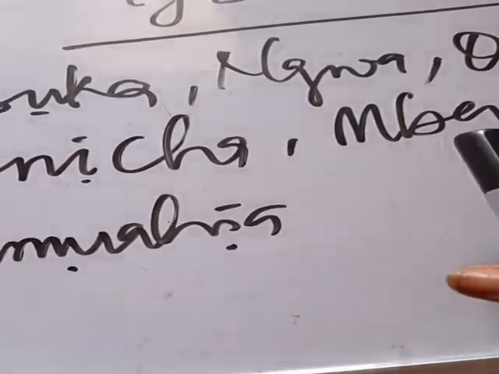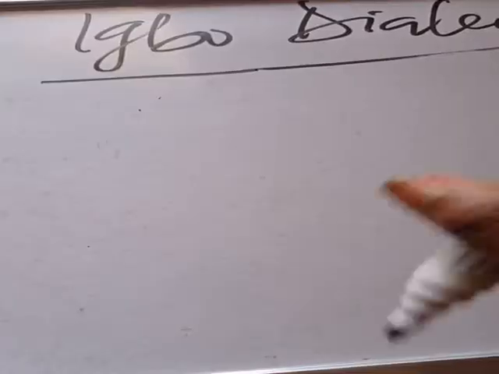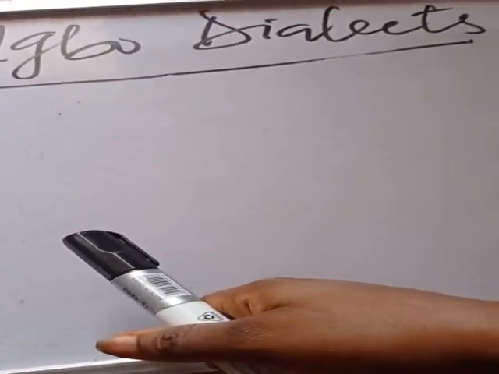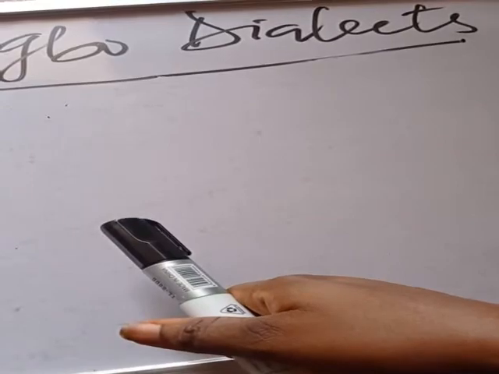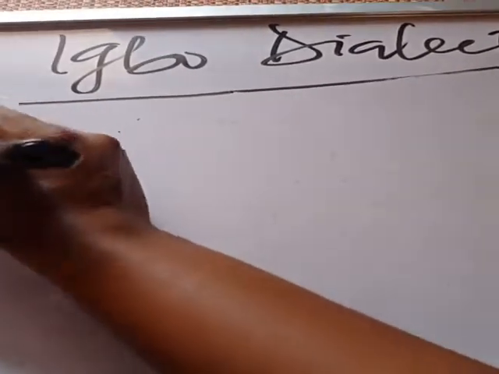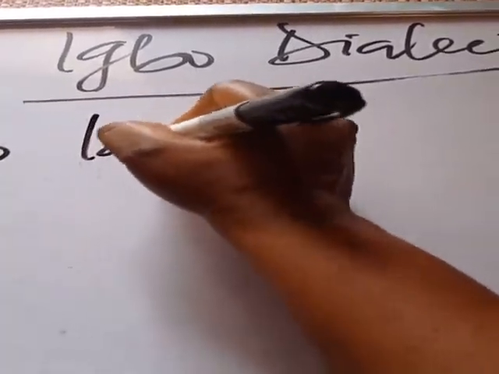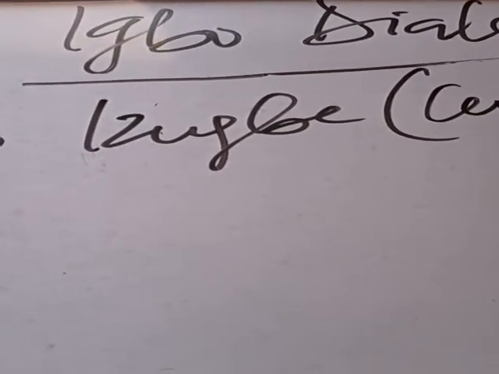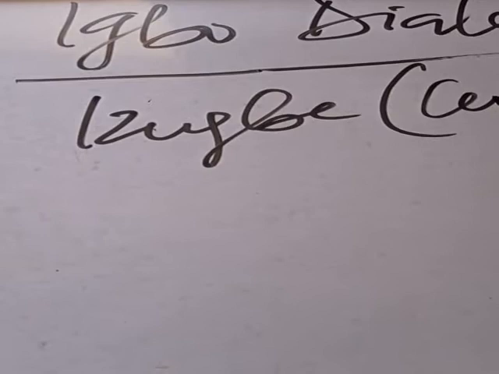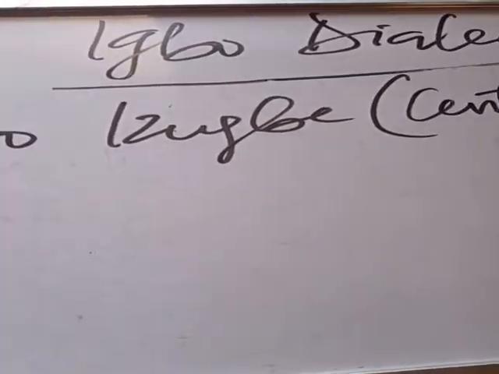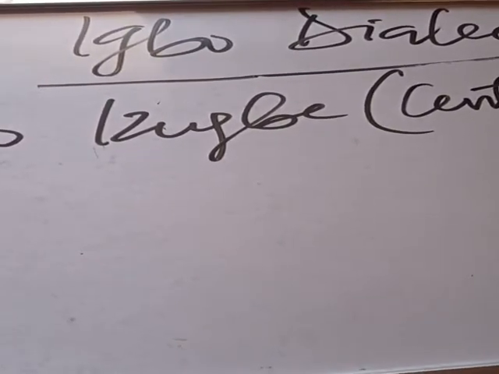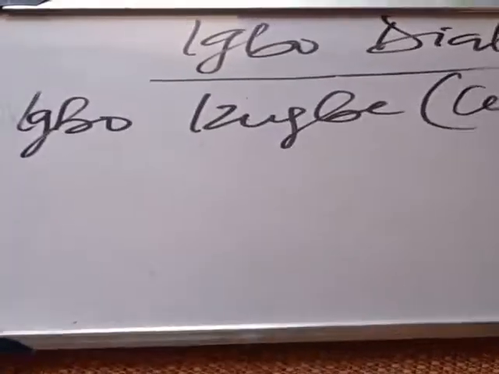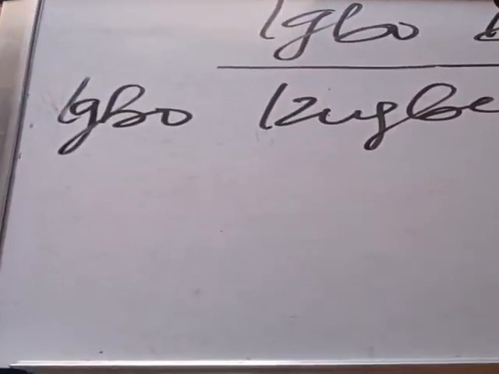But in all that we have, there is Igbo Izugbe. Igbo Izugbe is Central Igbo. That is the Igbo we write, the official Igbo language, the one we write in exams and stuff.